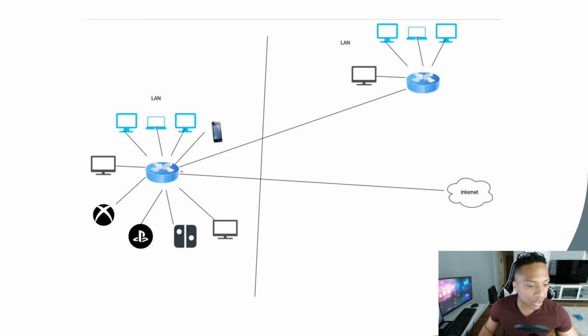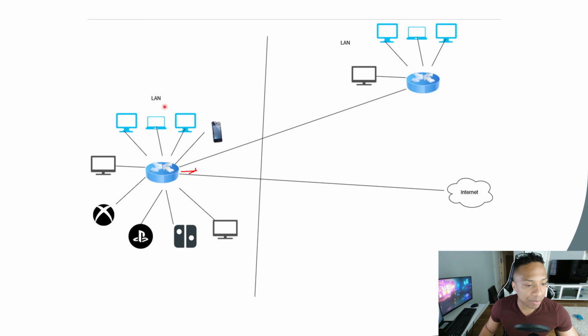So this is a router here. And this is all of your devices that are connected to your network. You have a cell phone here, you have your computers, your laptops, TV. You have your video game consoles here. Maybe another TV.